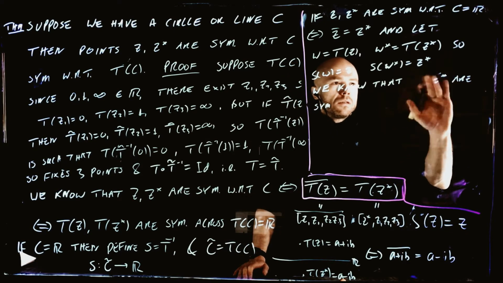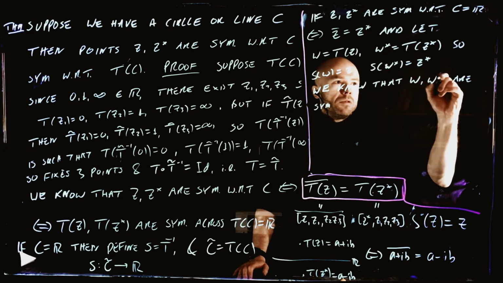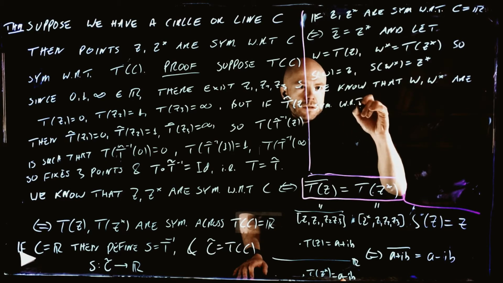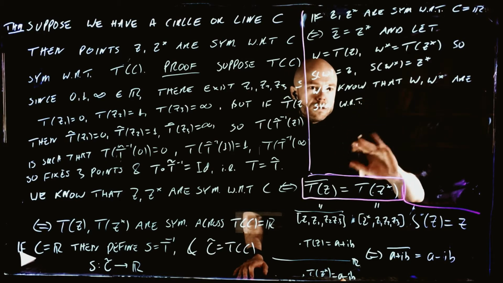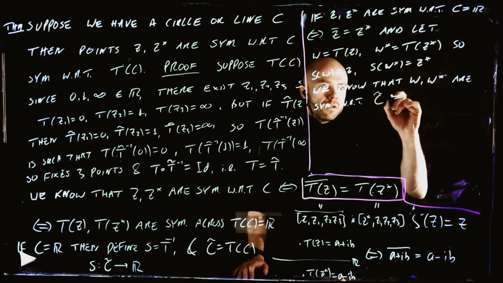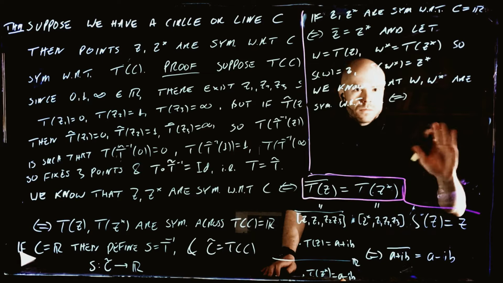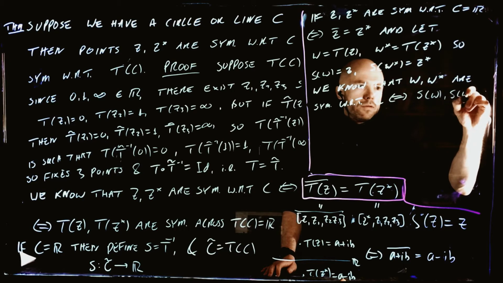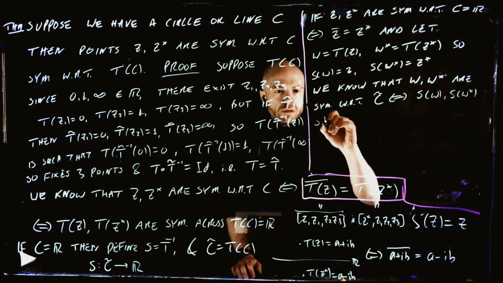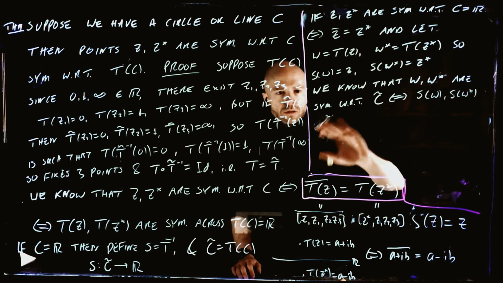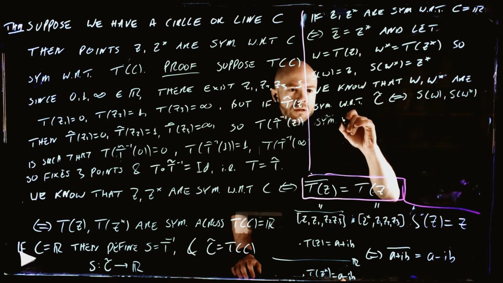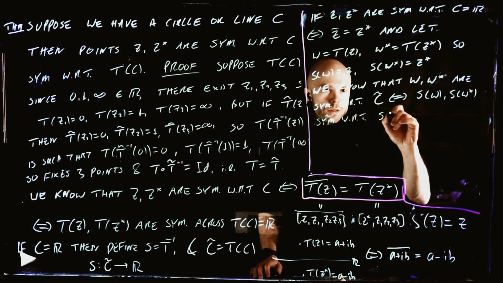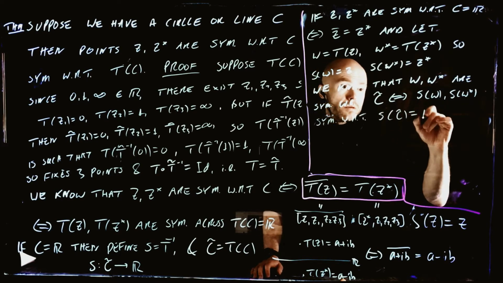W, W star are symmetric with respect to C tilde if and only if S of W, S of W star are symmetric with respect to S of C tilde, which is equal to R, right?